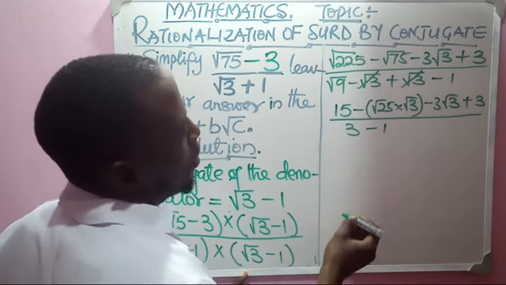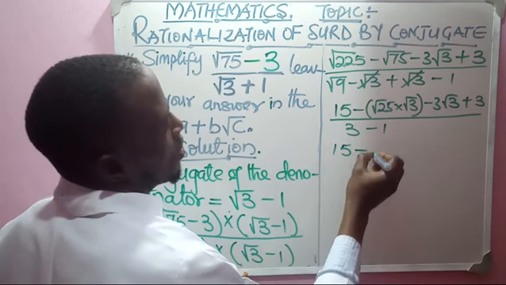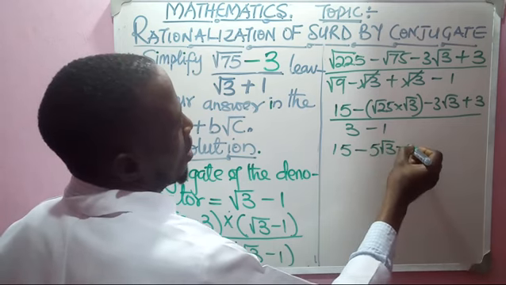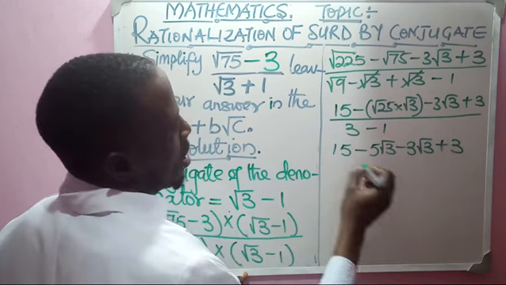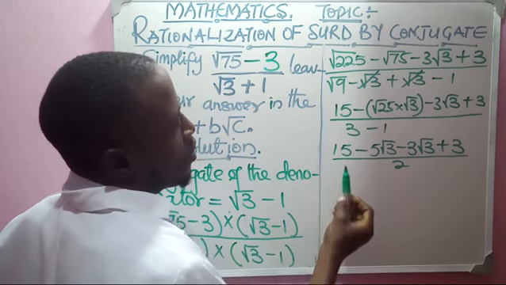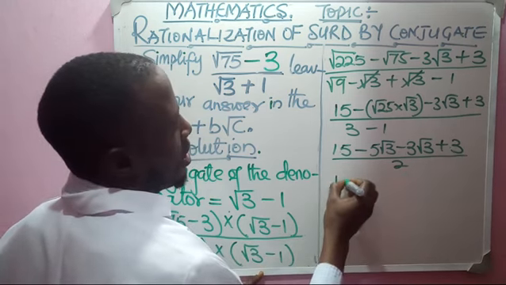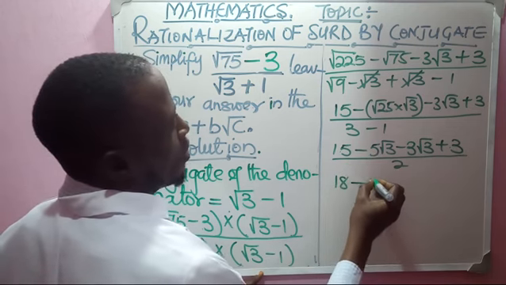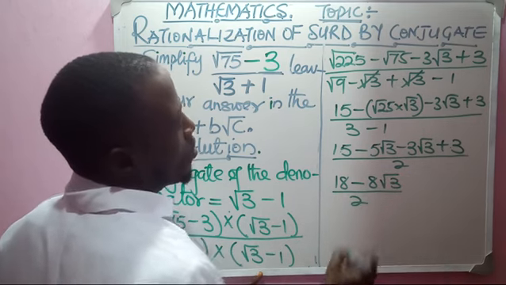So at that point, I'll be having 15 minus, this is 5 root 3, minus 3 root 3 plus 3 all over 3 minus 1 is what? 2. So if you collect like terms, 15 plus this will give me 18, then minus 5 root 3 minus 3 root 3 will give you minus 8 root 3 all over 2.